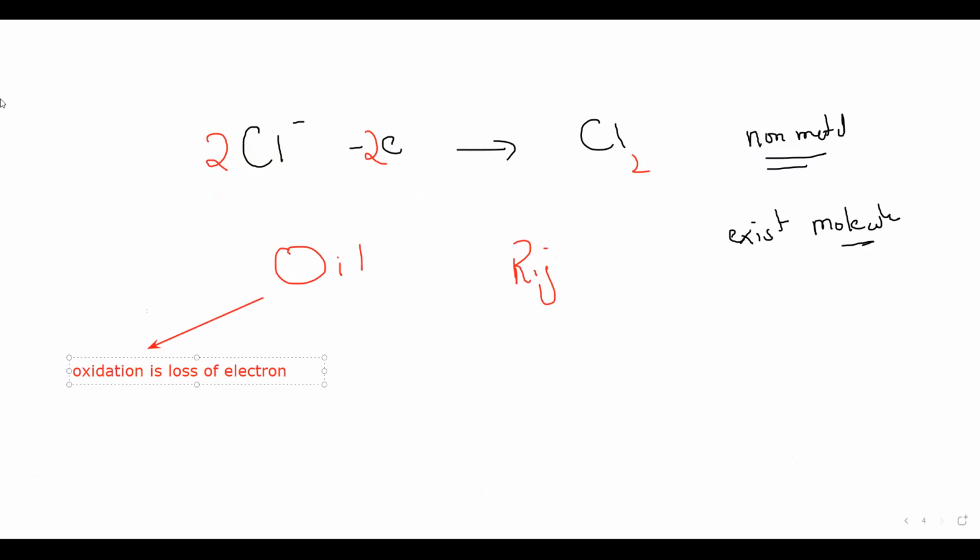So when something loses electron, we call that oxidation. And reduction is gain. Gain of what? Gain of electron. So when something gains electron, we call that reduction. R stands for reduction, I stands for is, and G stands for gain.